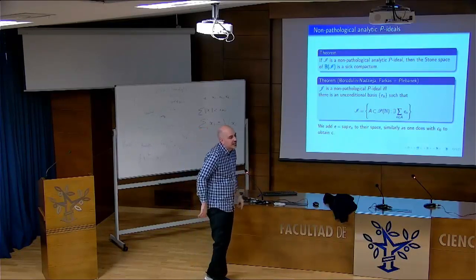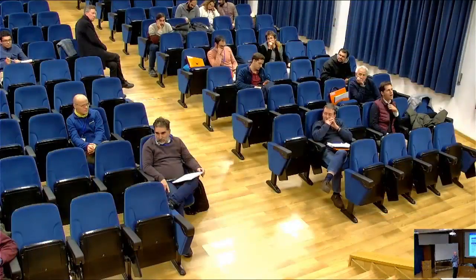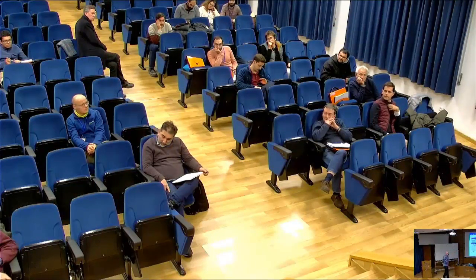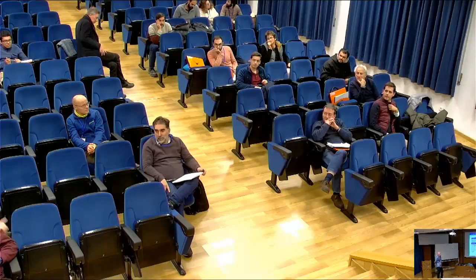Actually, it's interesting because we are closing the circle with this morning's lecture. We are in the vicinity of what I talked about this morning, because if you have an ideal and you consider all the complements, this is of course a filter.